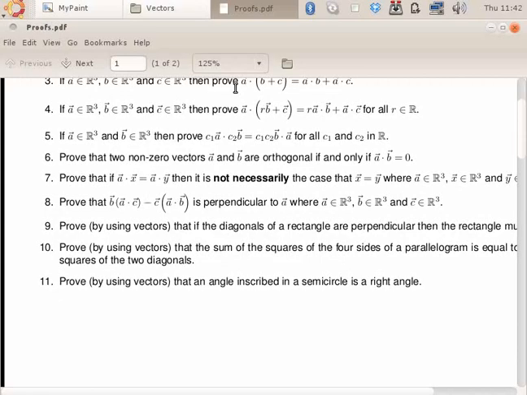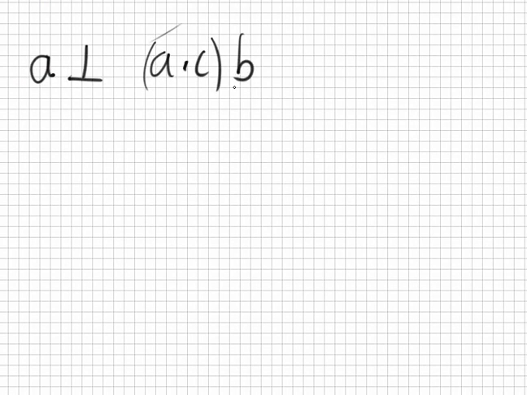A is perpendicular to A dot C multiply B minus A dot B times C. So I want you to prove that those two vectors are perpendicular. I'll give you a minute to try it.